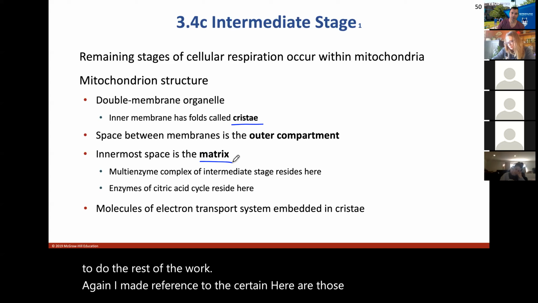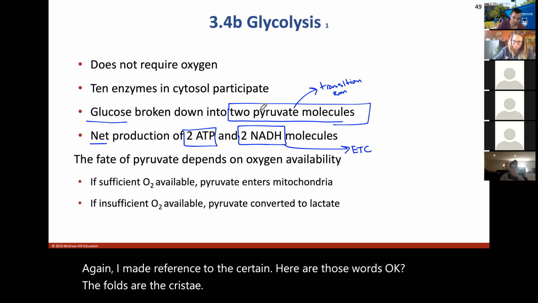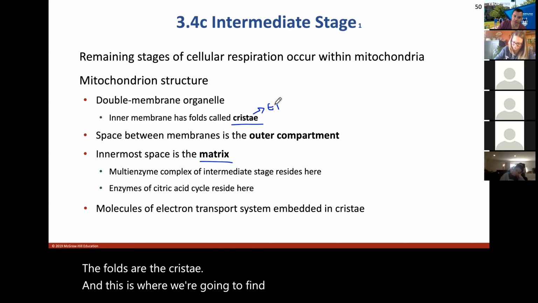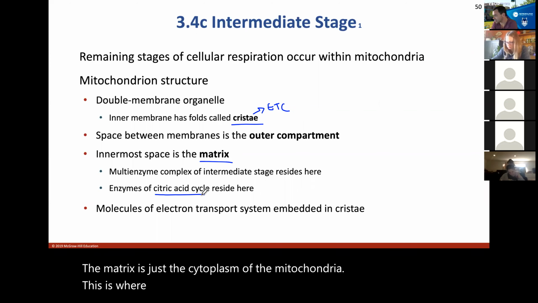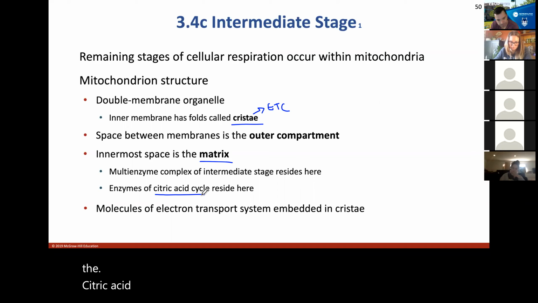The folds are the cristae, and this is where we're going to find the electron transport chain. The matrix is just the cytoplasm of the mitochondria. This is where we're going to have that transition reaction occur, as well as the citric acid cycle, the Krebs cycle.